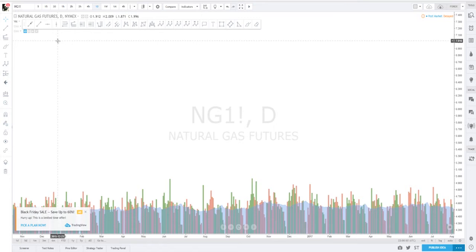I try to combine the two, basically trying to see which patterns would appear on each area of Elliott wave theory.